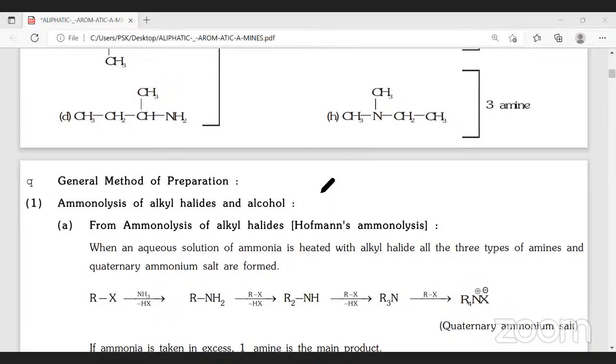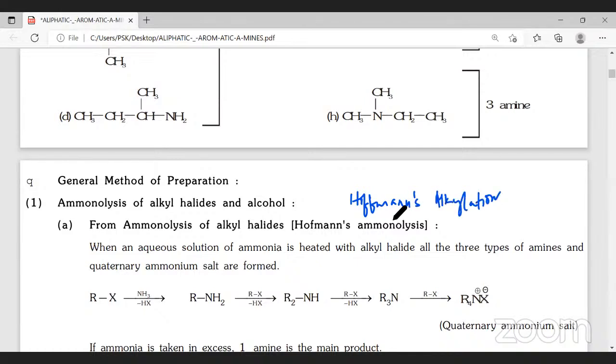Now, the first one is ammonolysis. How can we prepare amines from ammonolysis, a reaction of alcohol and alkyl halides? This reaction is called ammonolysis. It is also called Hoffman's ammonolysis, or Hoffman's alkylation.